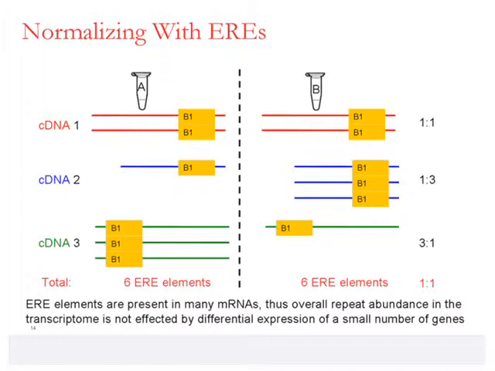Since expression of repeat elements samples expression of many independent genes in this way, the overall expression of repeat elements may be a stable indicator of overall level of transcriptome, and may thus be the closest alternative we have of a universal reference for qPCR.